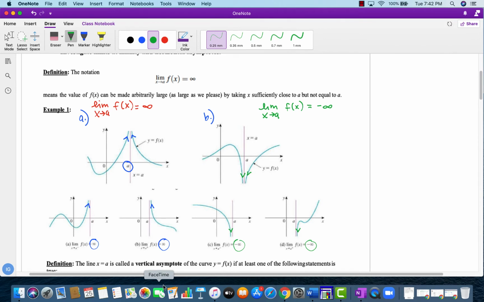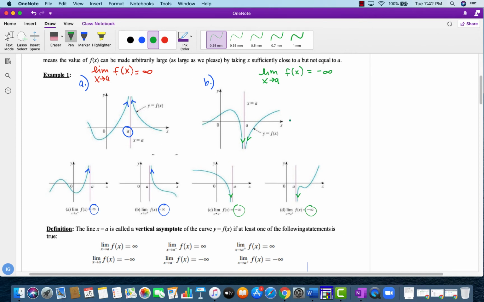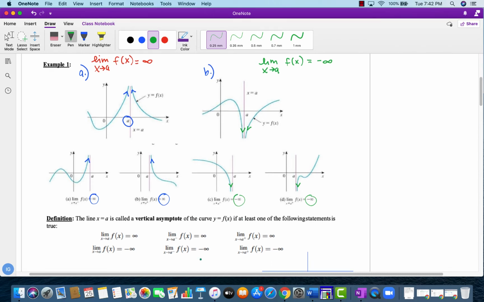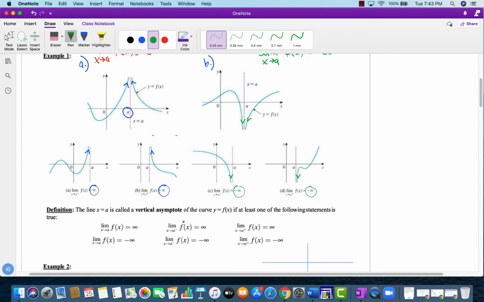Alright, so now we have one more definition that will explain exactly what happens a little better. It says the line x equals a is called a vertical asymptote of the curve y equals f of x if at least one of the following statements is true. If you have any of these, then we know that we have a vertical asymptote at a.